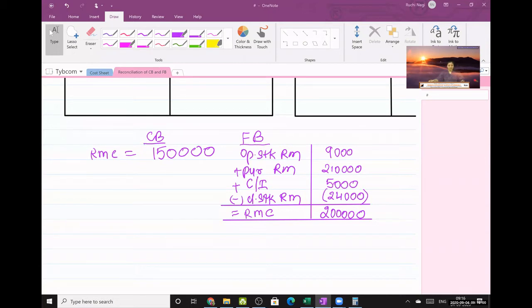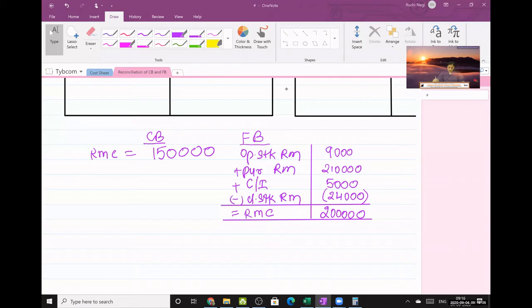Cost books is 1,50,000. Finance books I got 2 lakhs. So in which books is it excess? Swapnil says finance books. Yes. Samidha, Aditi, Kushi, Harshita, Asmita. Absolutely correct. It is excess in finance books.